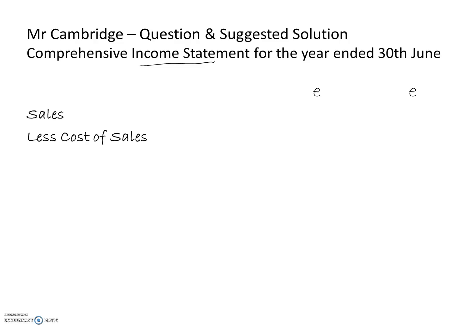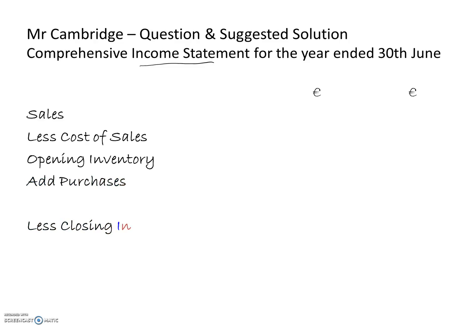The cost of sales itself is made up of opening inventory plus the purchases less the closing inventory. So the cost of sales is taken away from the sales figure to give us our gross profit. There can be other things in the cost of sales, such as carriage in and return and so on, but they don't appear in this particular question.